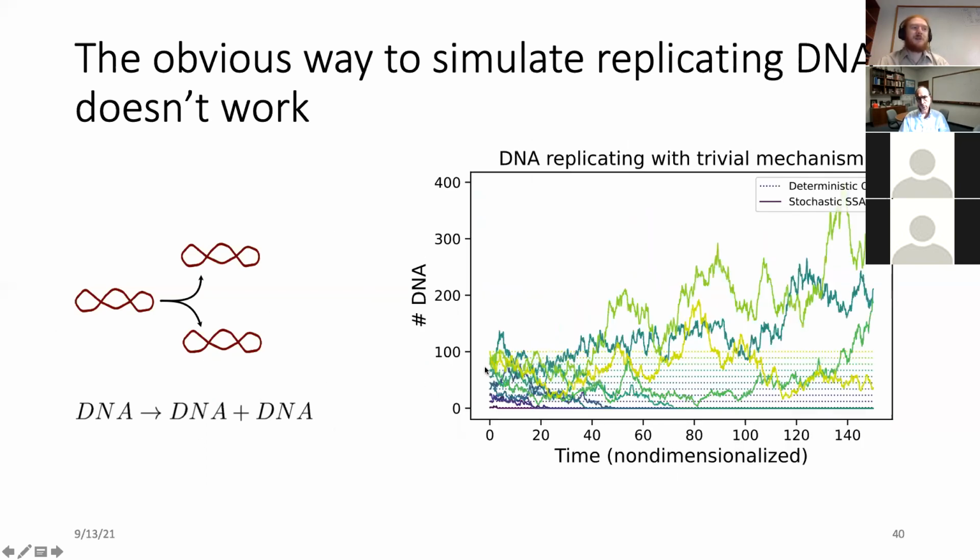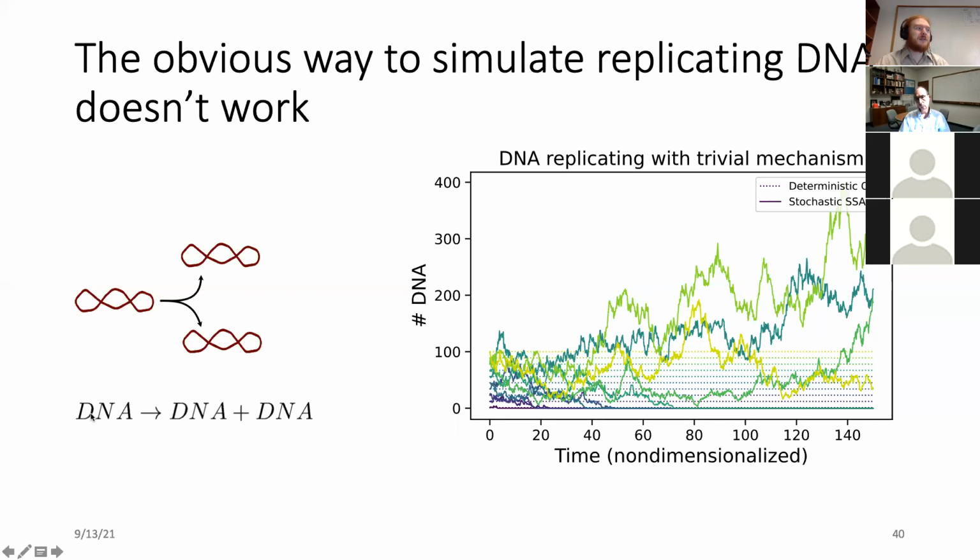If you look at simulations of just DNA doing nothing else except replicating and diluting, according to this mechanism, these lines represent different simulations starting with different initial conditions, different initial amounts of DNA. And what you find is they're not stable at all. They random walk, and will eventually either die out or explode to some really, really high concentration that your computer won't want to simulate and will crash on. So why? What's going on here?